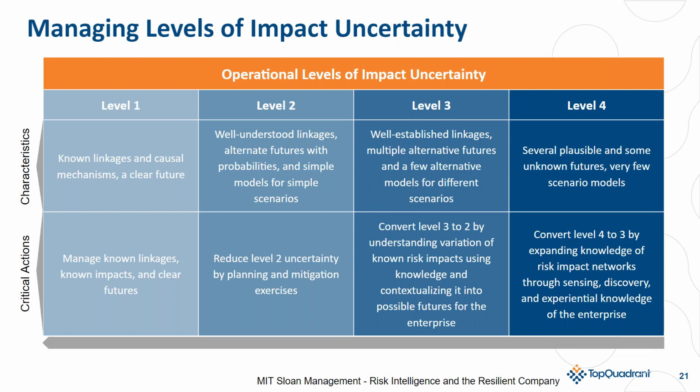And what we're trying to demonstrate here, there's a great document by MIT Sloan Management called Risk Intelligence and the Resilient Company, where they focus on level 4, which is exactly what we've shown, how we can create a risk impact network and then move to level 1 from an impact uncertainty perspective.